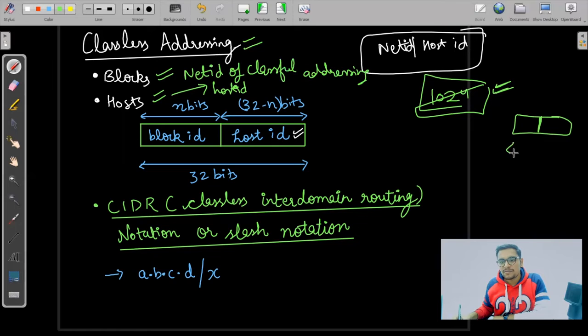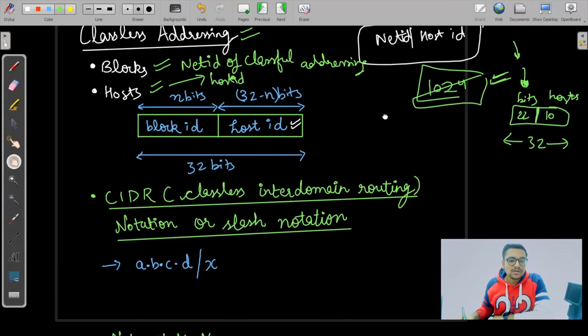If my IP is 32 bits, I use just 10 bits for the hosts, and the rest of the 22 bits for identification of the block or network. Or we can say that for the identification of a specific network, we use the first 22 bits. So that is the concept of classless addressing. I hope it's making sense.